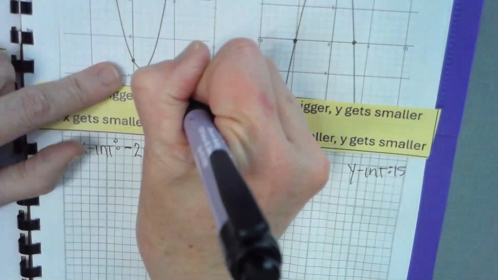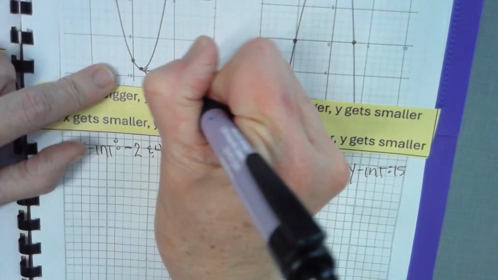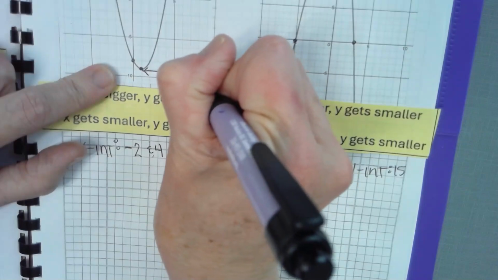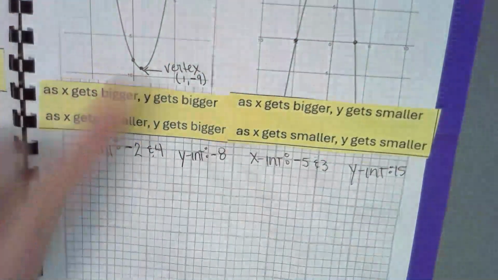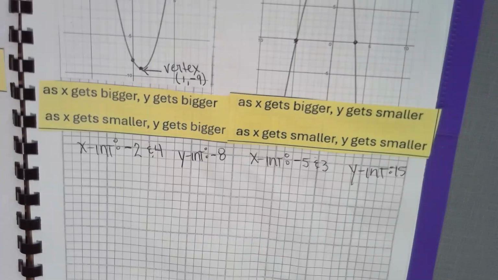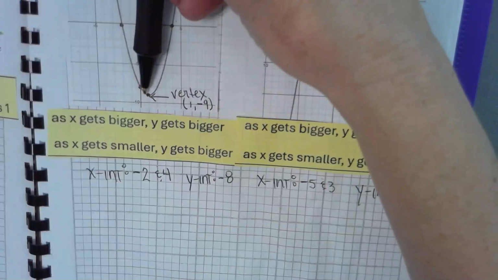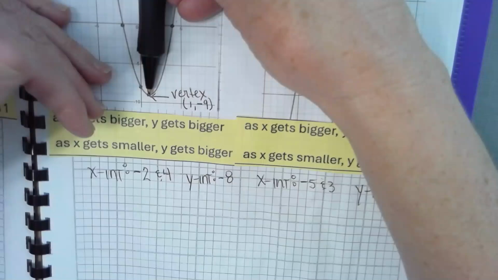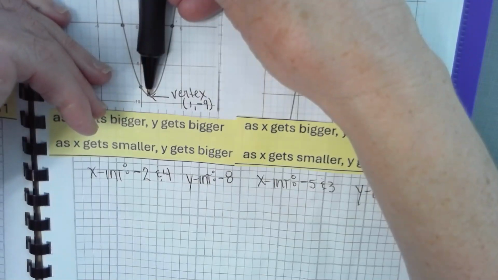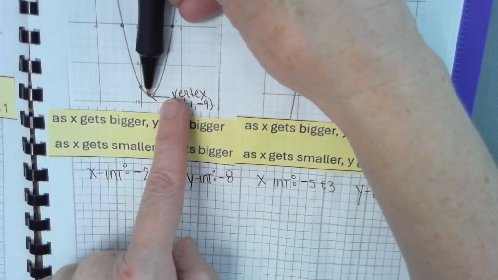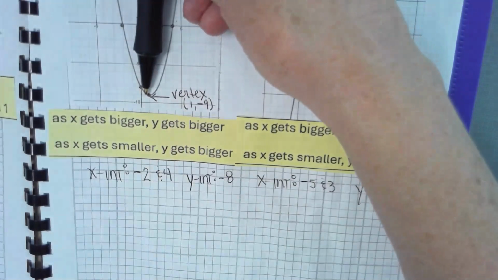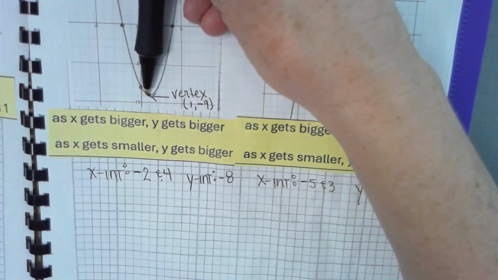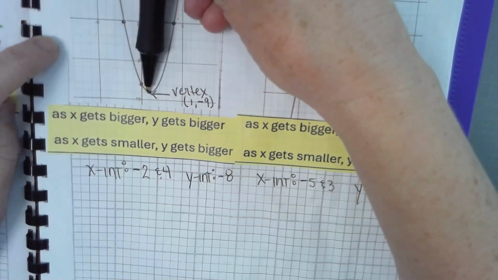And that ordered pair is 1, -9. 1, -9. So before we get to 1, on this side, it's going down. After the 1, where x is greater than 1, it's going up. Okay.